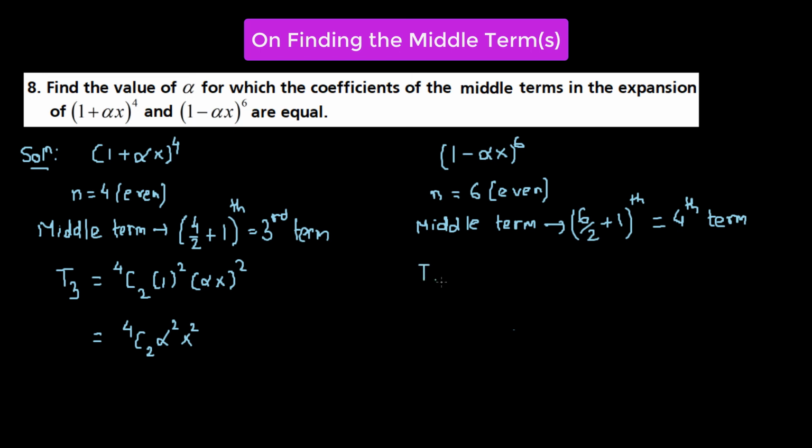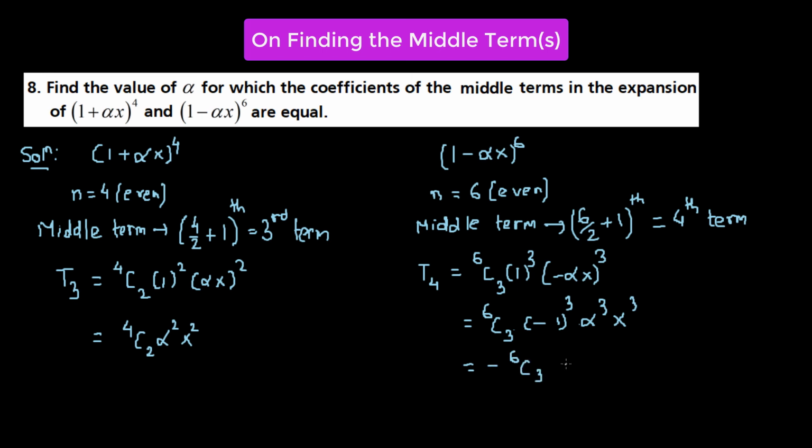So we have t4, which is equal to 6c3, 1 raised to the power 6 minus 3, which gives us 3. Then we have (negative alpha x) raised to the power 3, which is equal to 6c3 times negative 1 raised to the power of 3 times alpha cubed times x cubed, which is equal to negative 6c3 times alpha cubed x cubed.